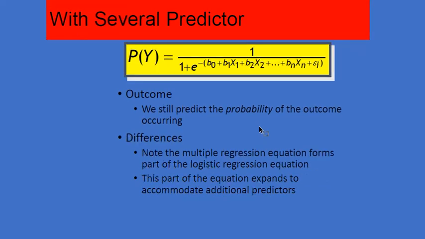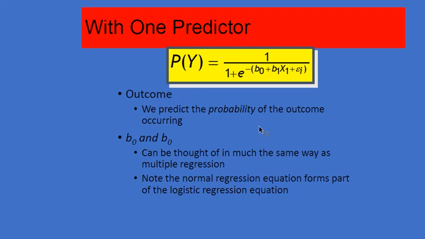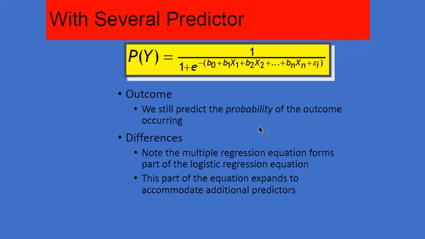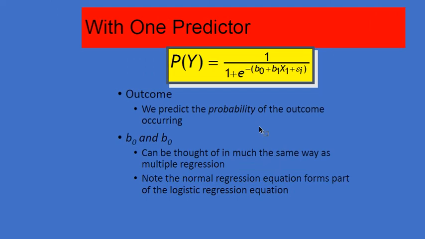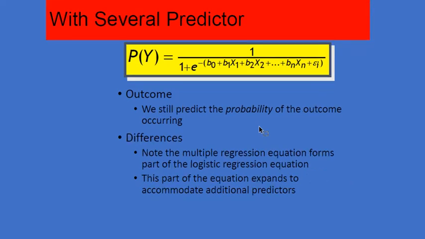Okay, so this was the case when we had only one predictor variable, right? We now know that in logistic regression we can have more than one predictor. If we have more than one or several predictors, then we can generalize our equation by adding more variables.